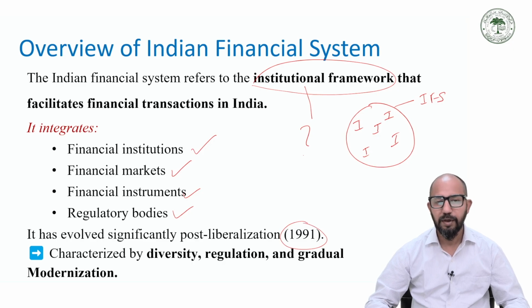The reason being, after 1991, when India became a liberalized, open economy, the challenges increased for the financial system as well as the opportunities for the financial system to learn and grow also increased. This provided a good benchmark for the financial system to gradually evolve, which is still continuing.